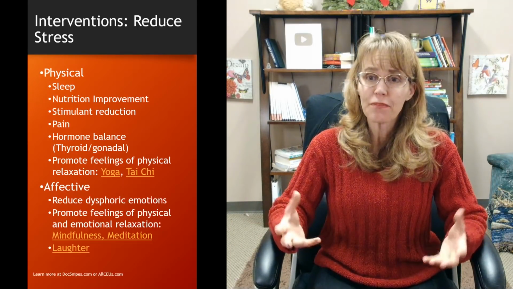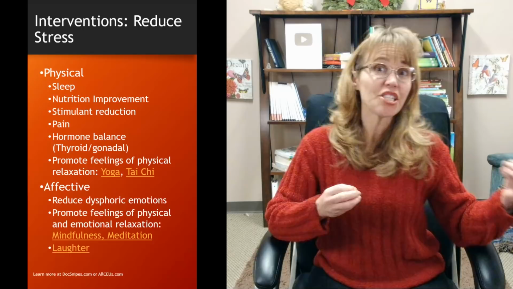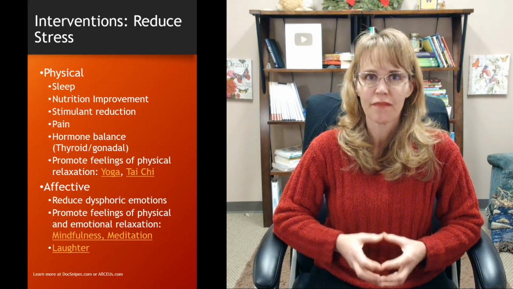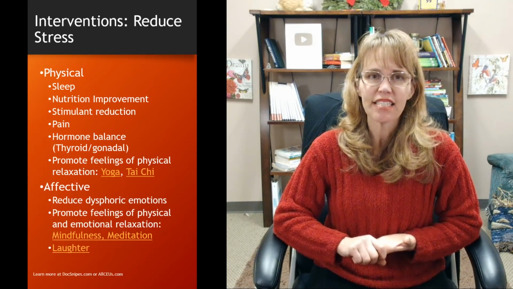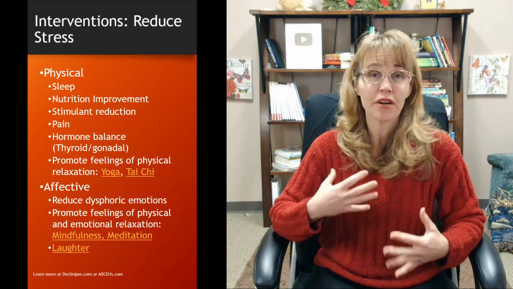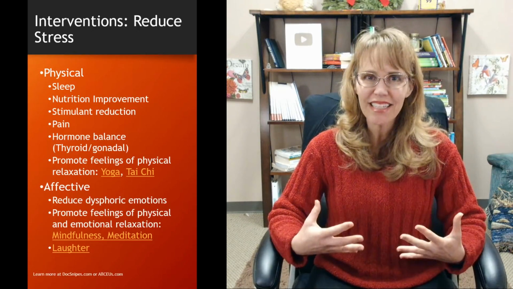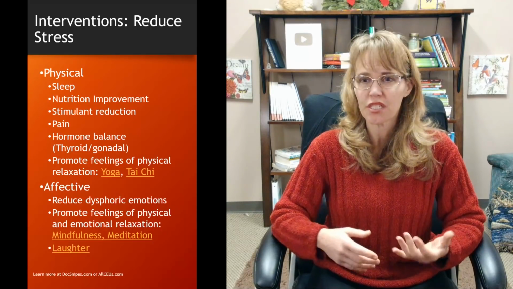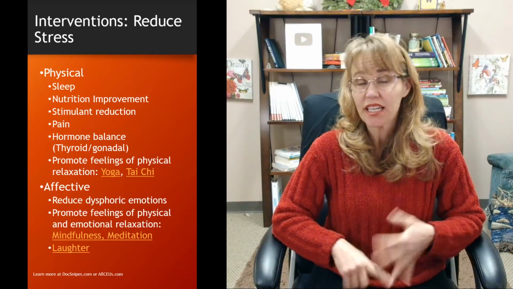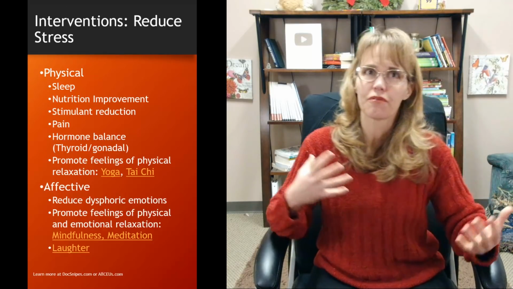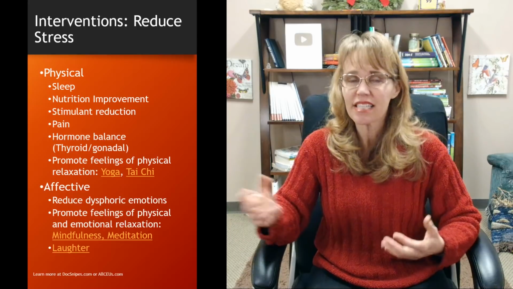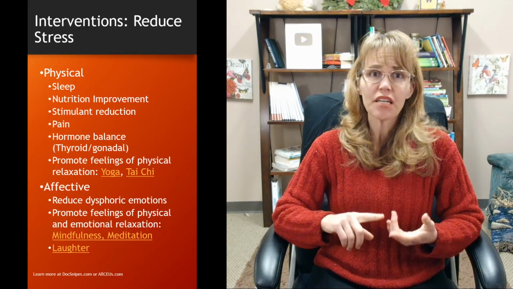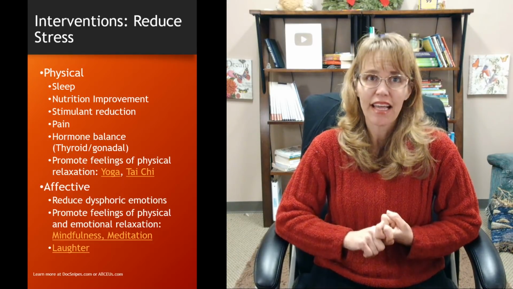We also want to help people not only avoid distress, but promote feelings of physical relaxation. Regulating that nervous system can be very important, prompting the release of GABA and those relaxation neurochemicals. Yoga and Tai Chi can be very helpful, active methods of doing this. Meditation is exceptionally helpful, but even square breathing can be helpful.